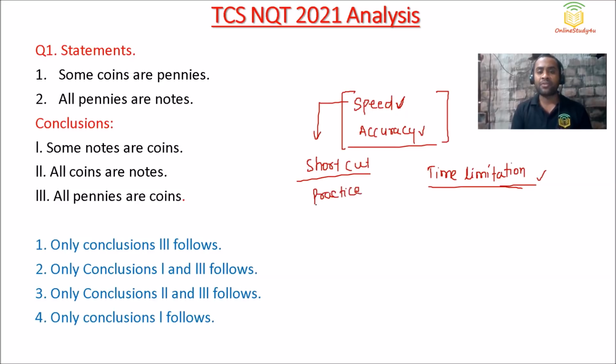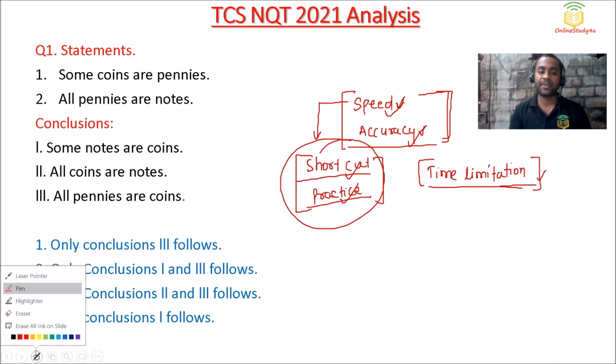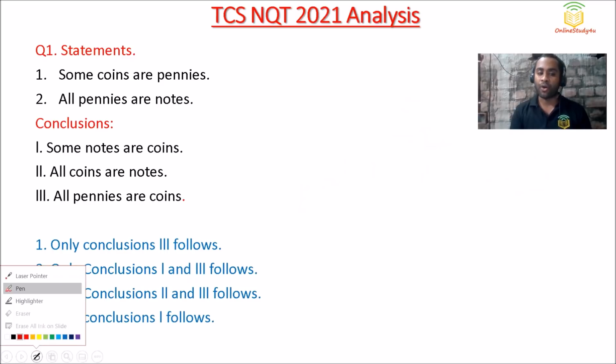TCS has changed the pattern, and with the changed pattern we cannot do anything. The only thing is we need to get speed and accuracy so that we will be able to score more and more in the examination. With shortcut techniques and practice, you will definitely get speed and accuracy, which will help you to clear the examination and stay ahead of your competitors.